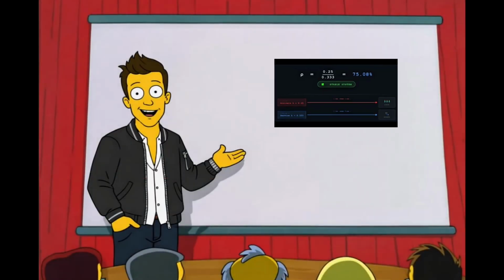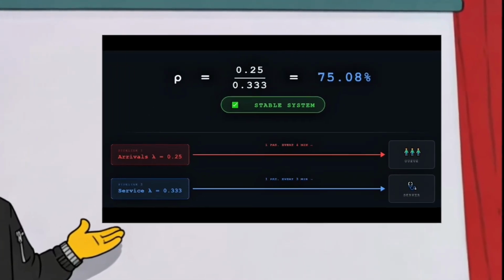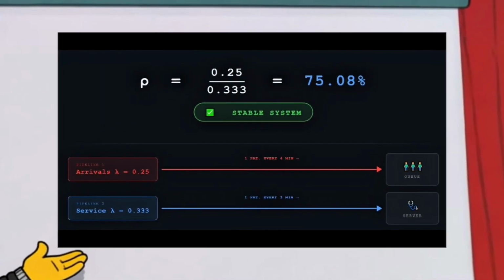The utilization factor ρ, which is the arrival rate divided by the service rate, gives us 0.25 out of 0.333, approximately 75%. This means that the doctor will be busy 75% of the time, and since ρ is less than 1, the system is stable. The queue never grows indefinitely.